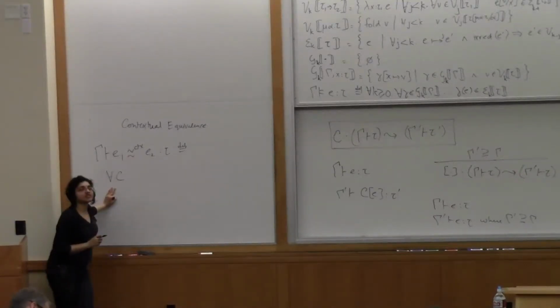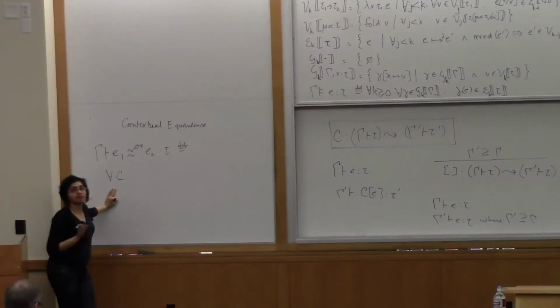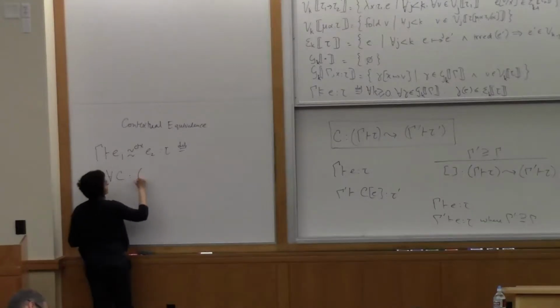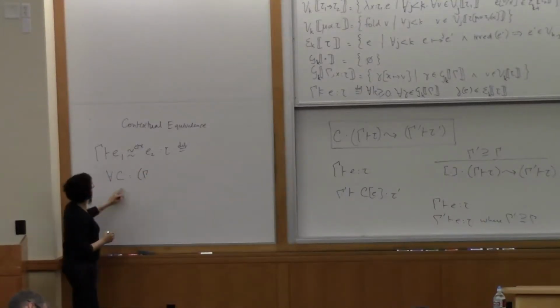Let's do the definition of contextual equivalence for what we have on the board right now, which is simply typed lambda calculus with recursive types. So for a language where programs may diverge. All right? Okay. So here we can say if you give me a context.